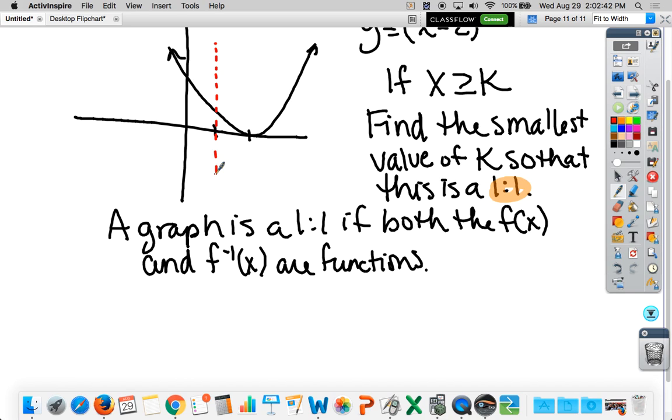By passing, it can only touch the graph in one spot. I'm not including the axes. I'm only talking about the graph. No matter how many vertical lines I draw, does it only touch the graph in one spot? So that is a function. If it passes the vertical line test, it's a function.